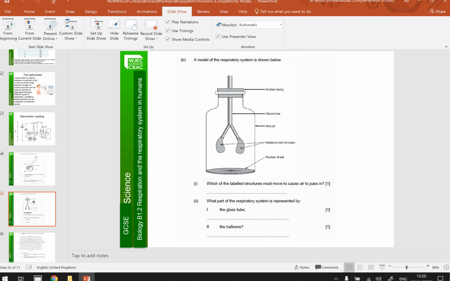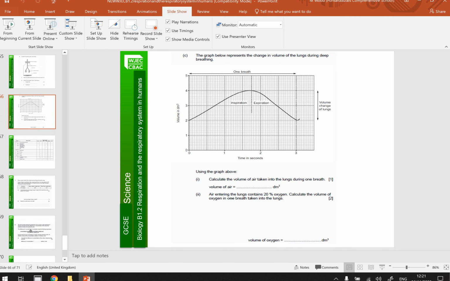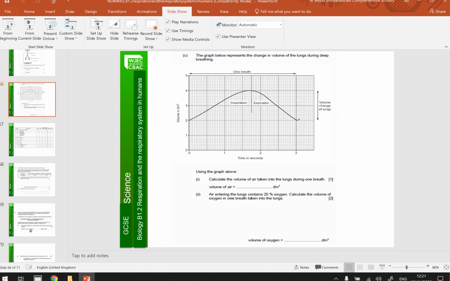The next page is again a foundation tier question about the model lung that you've seen previously and is a 3-mark question. Some interpreting data about inspiration and expiration, which we've done earlier on in the booklet. This is worth 3 marks. Reading off data from graphs. The answers are then in the PowerPoint. So if you're getting stuck, the teacher can go over those answers on slide 67.